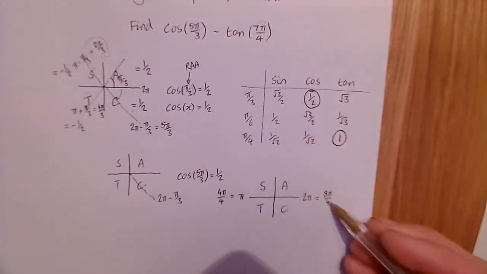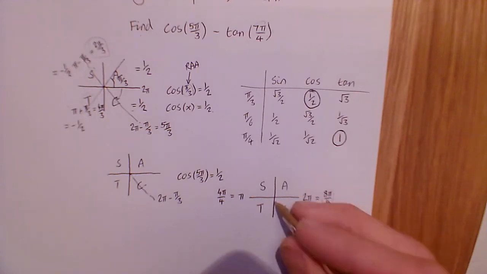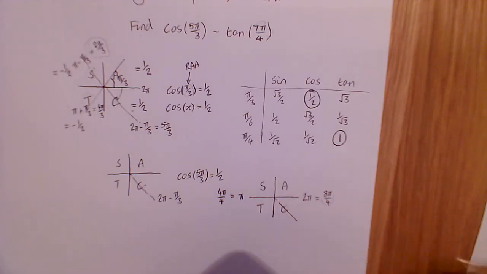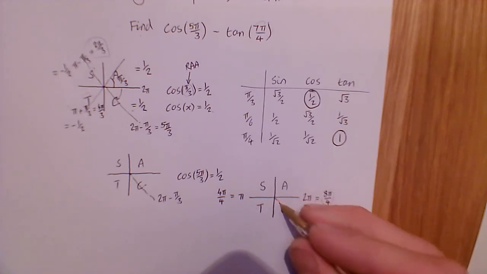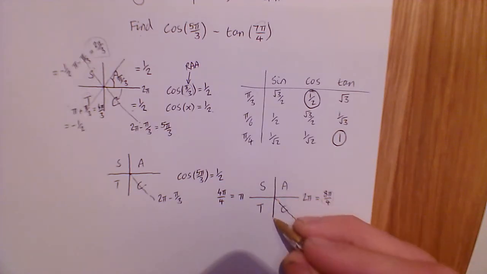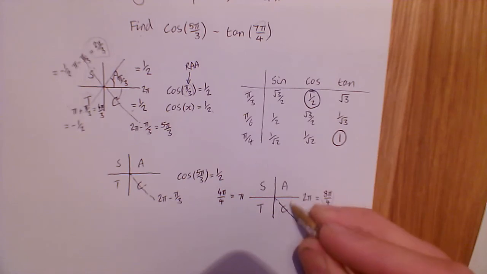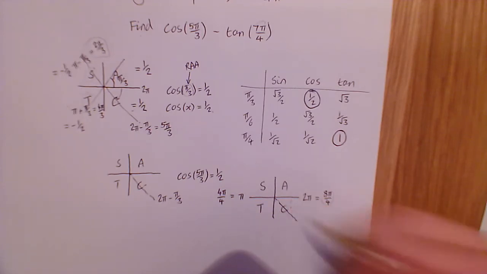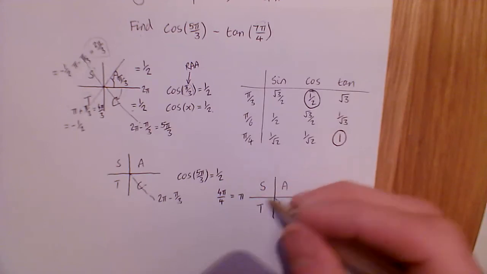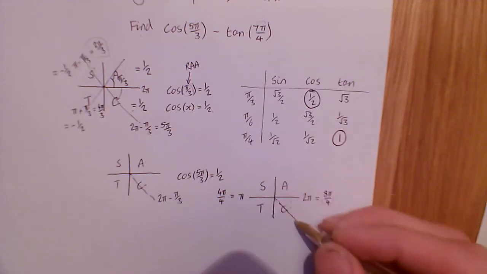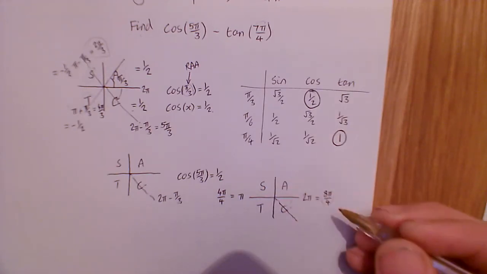7 pi over 4 is exactly pi over 4 radians before that. If you're remembering pi over 4 is 45 degrees, that can help because it gives you a clue. It's not going to be as far as 90 degrees before, it's 45 degrees before. Yeah, we're definitely in this section of our diagram. Now, if we're over here, tan would be positive, but because we're over here, tan is negative.